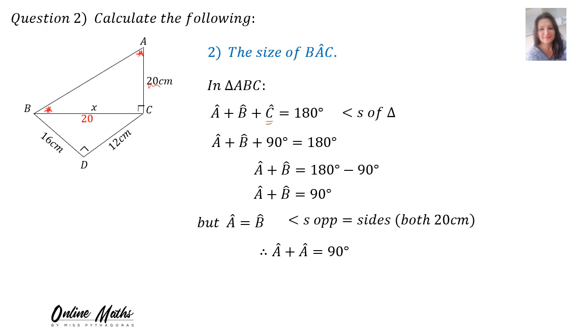Then, in the place of B, we can substitute an A. So we end with A plus A is 90 degrees. A plus A is 2A is 90 degrees. Divide away the 2. Therefore, angle A is 45 degrees, which is what they wanted. Angle BAC is 45 degrees.